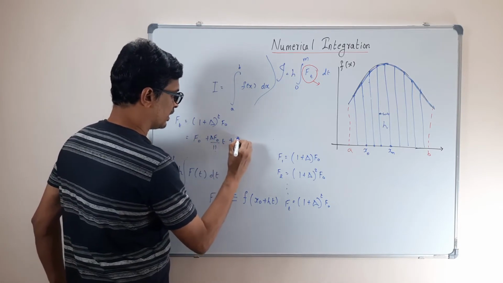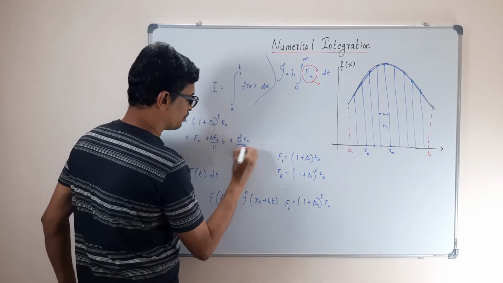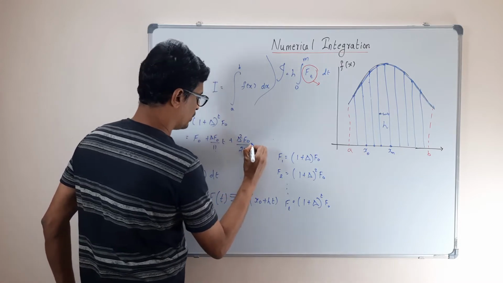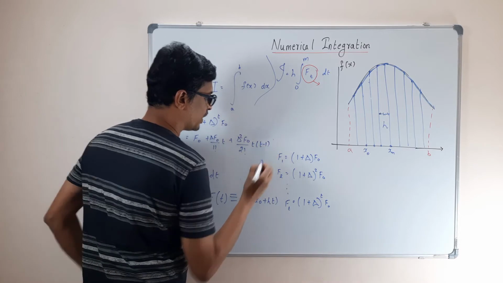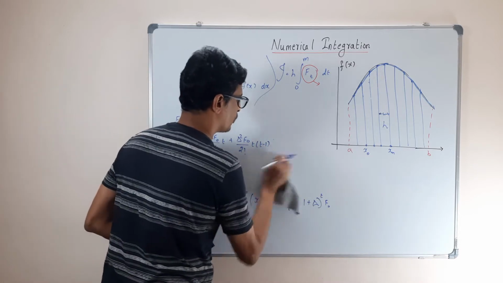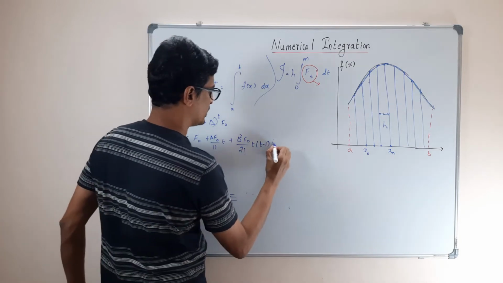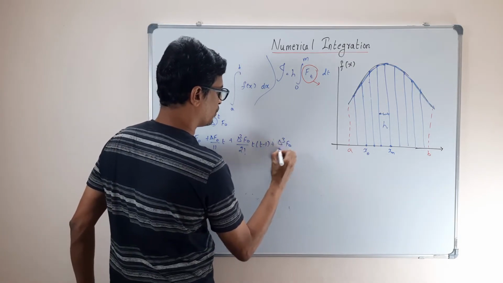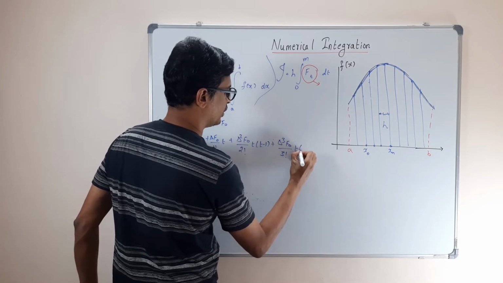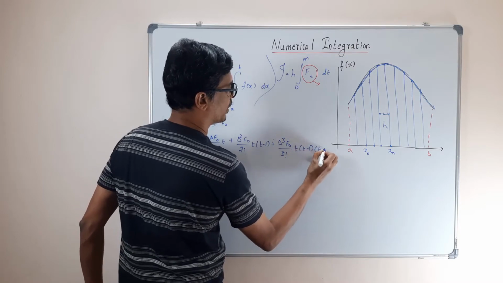Plus delta square f0 by 2 factorial into t minus 1, t minus 1, plus delta cube f0 by 3 factorial into t minus 1, t minus 2.